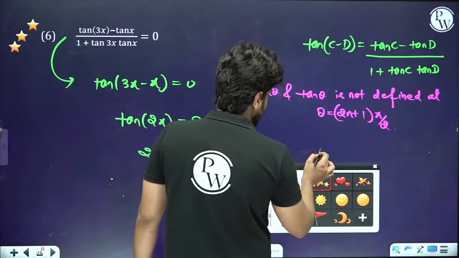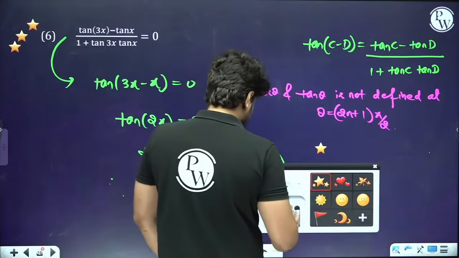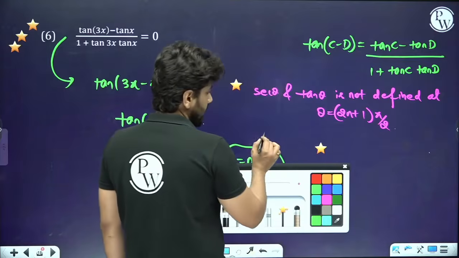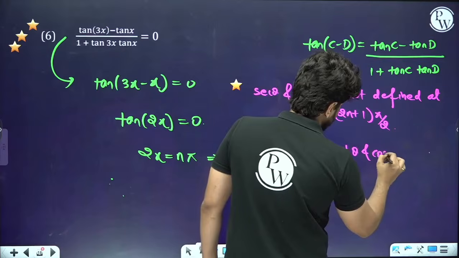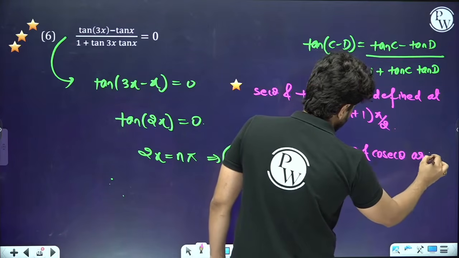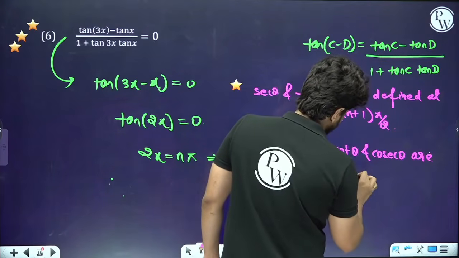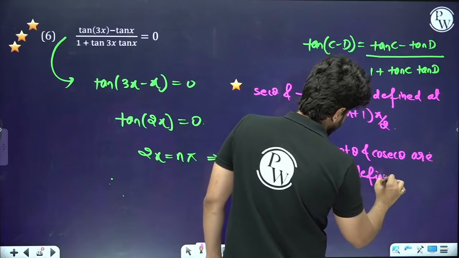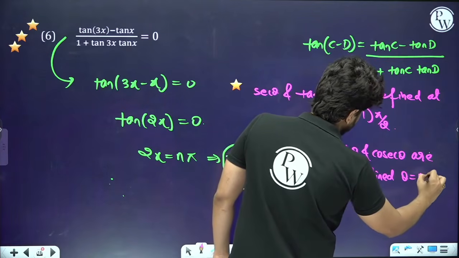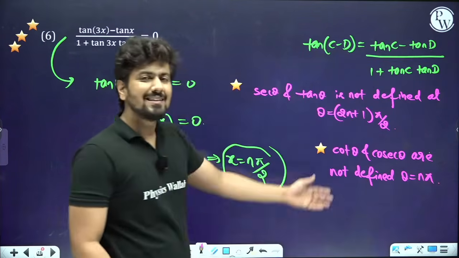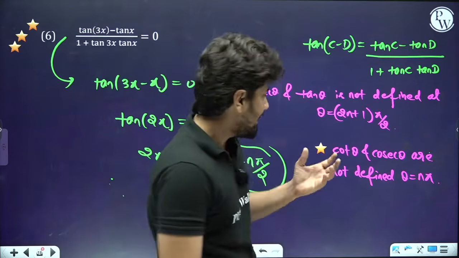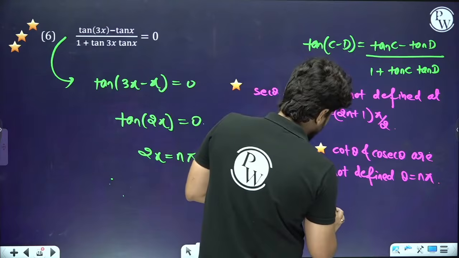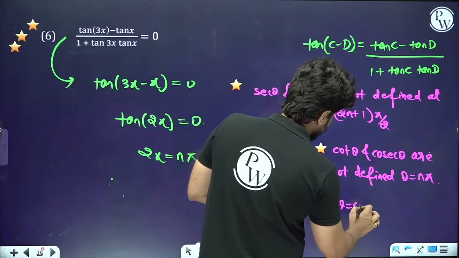Another important point that you should note, which is about cot theta and cosec theta. Cot theta and cosec theta are not defined at theta is equal to n pi. At theta is equal to n pi, these two things will not be defined. See, there is a very simple logic behind it. Why they are not defined? Because we know that cot theta is cos theta upon sin theta.